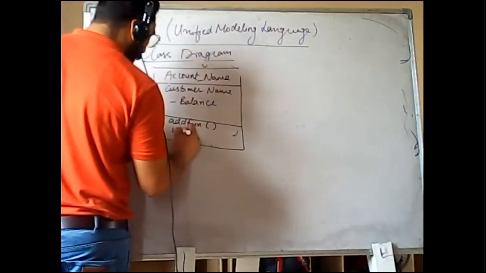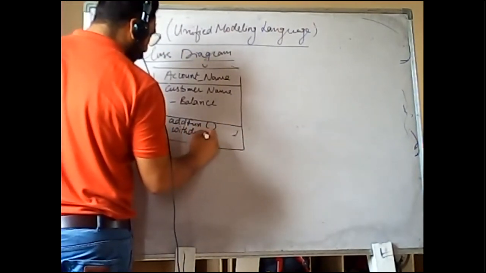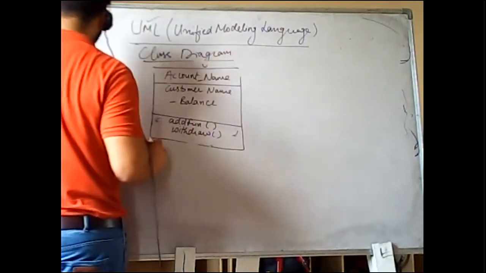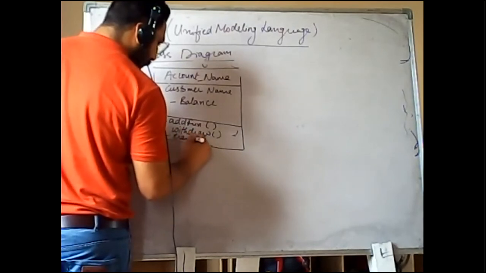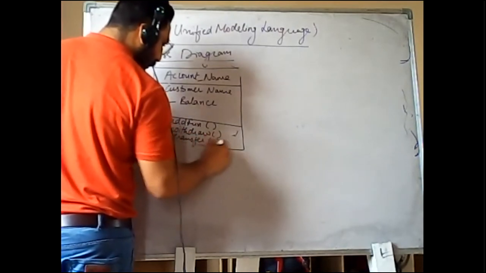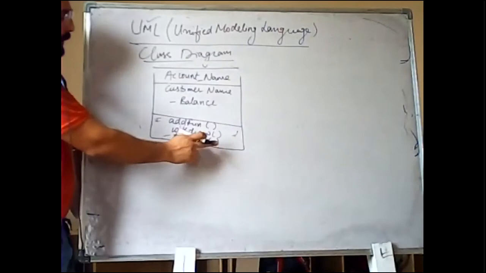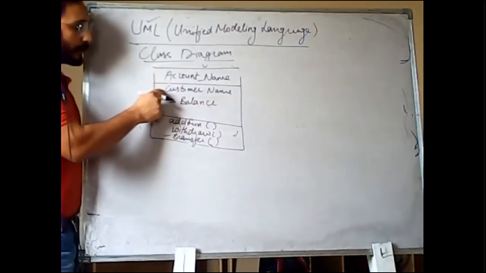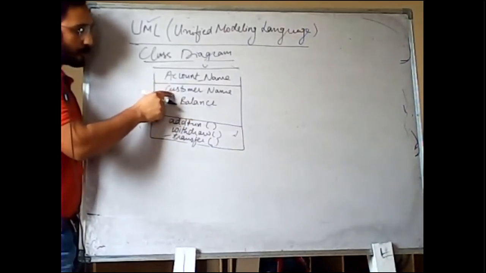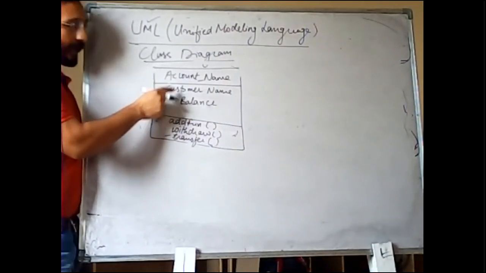Okay, withdraw. You can withdraw the amount from your account. You can transfer your amount. These are the functions that are performed by a customer, and that customer has a particular account.